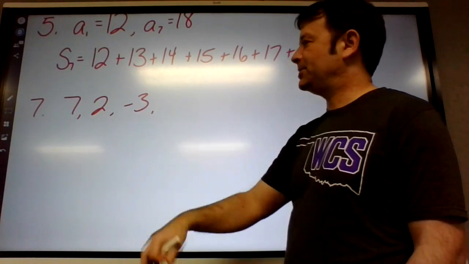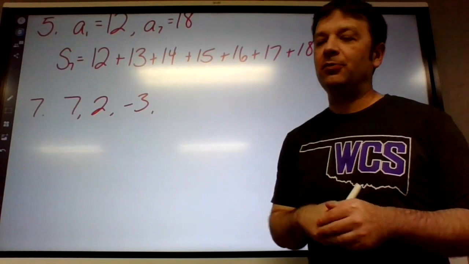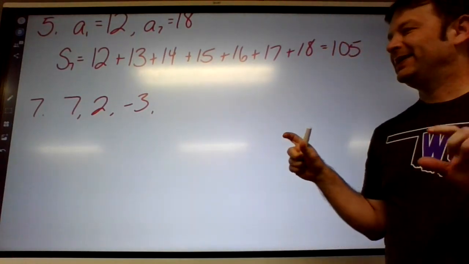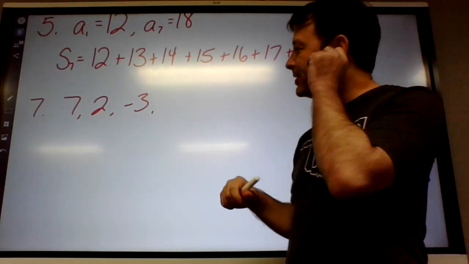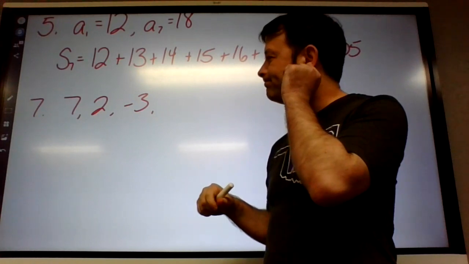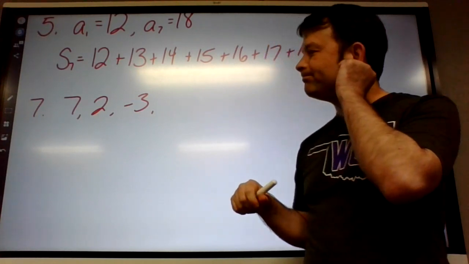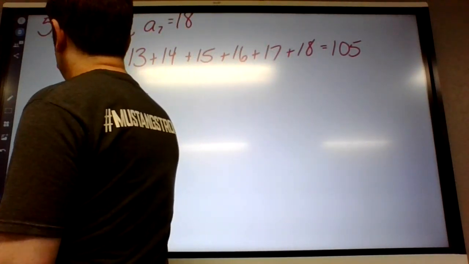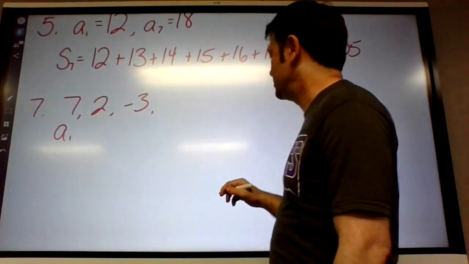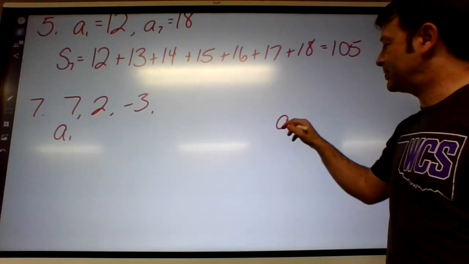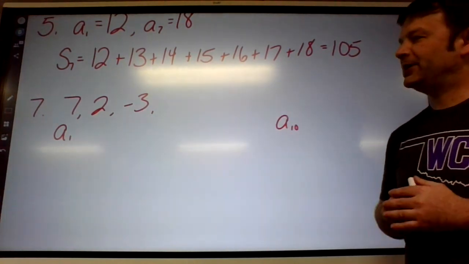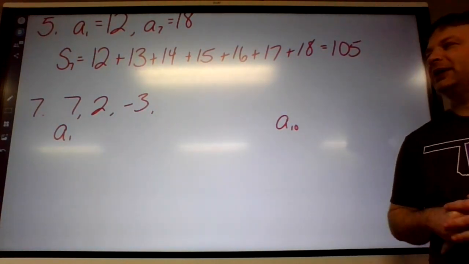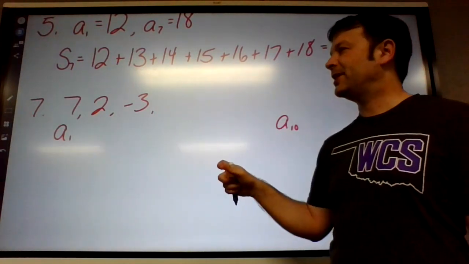I think I am going to cheat on this one and use the formula. I'm going to start using the formula now because these are kind of a lot to plug in. All right, if the first term is 7 and I want to go to the 10th term, how would I do that? I could just start minusing 5, but what's the fast way to do it?